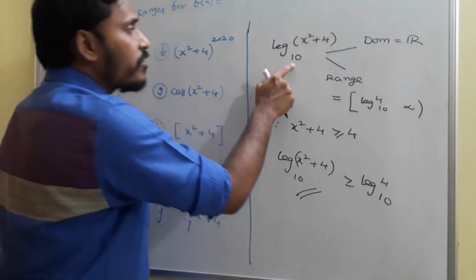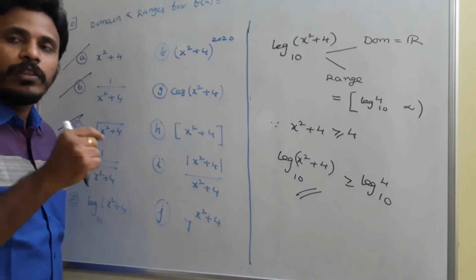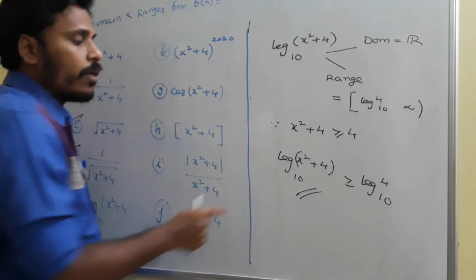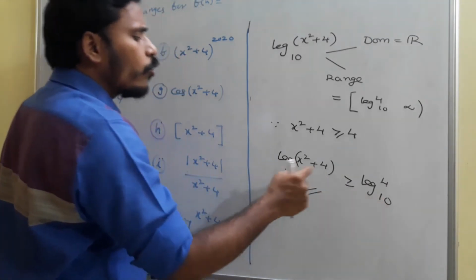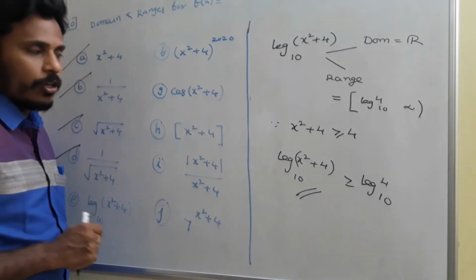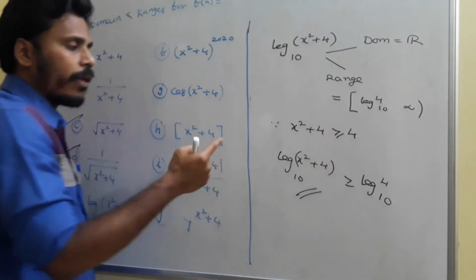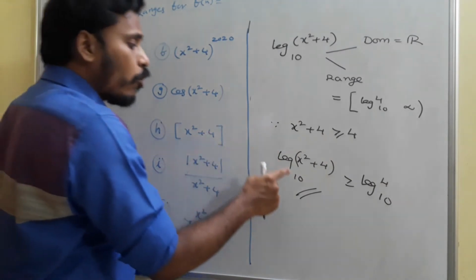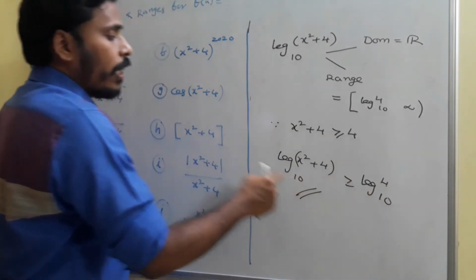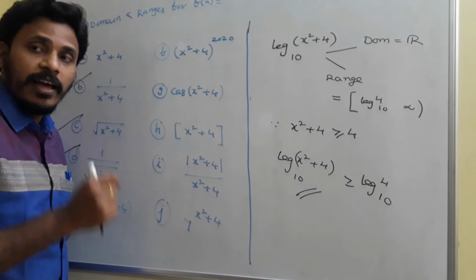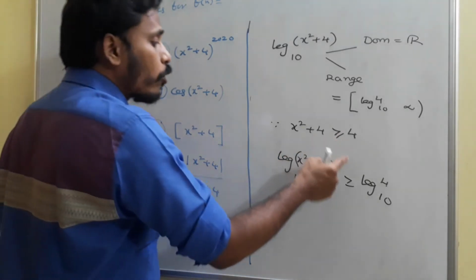Just think about it. Here the base is 10. We need to go with the properties of logarithms also. Since the base is 10, you need to apply the same sign on both sides. You get the same sign while applying logarithm on both sides. Suppose the base is not 10, if the base is some number which is less than 1, then you need to use the opposite symbol.